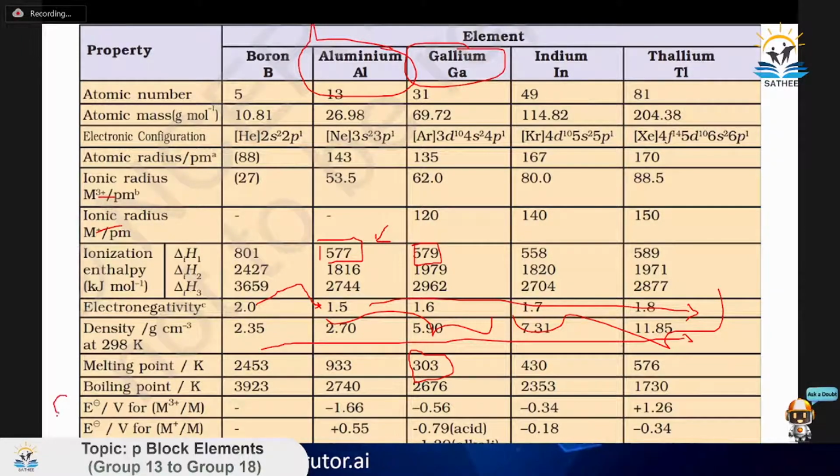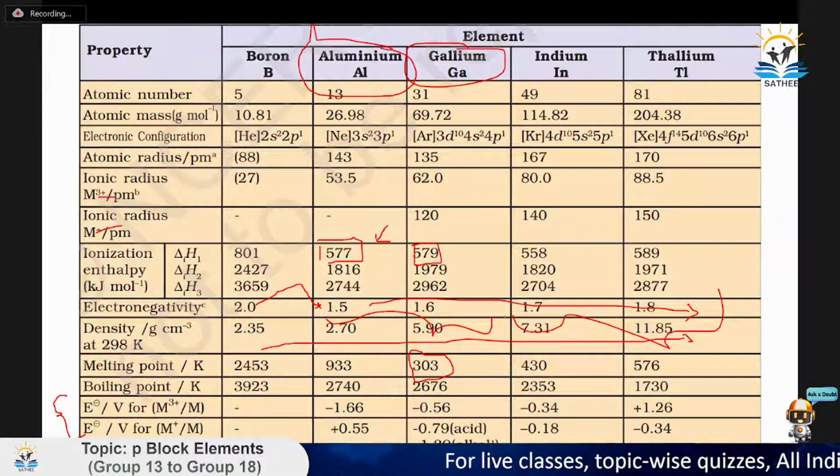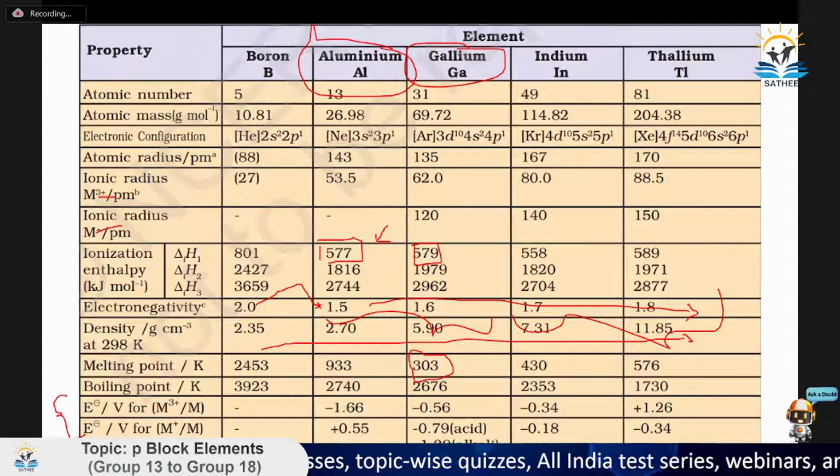Then these things are not so important, because generally the standard electrode potential is given to you in the questions, particularly in electrochemistry. So you don't need to remember the values in particular, but it is advised to write down the general trend: the atomic radius of gallium is less than that of aluminium.